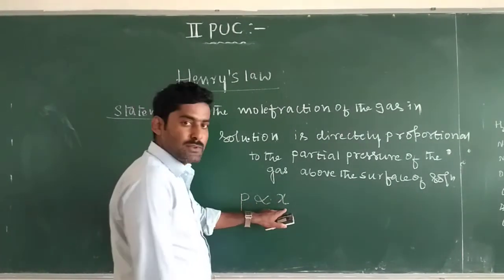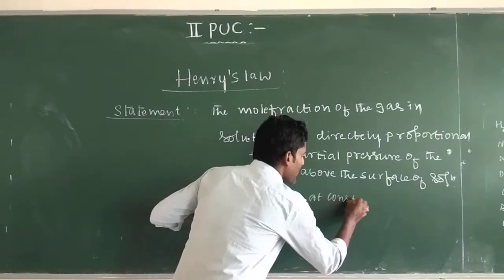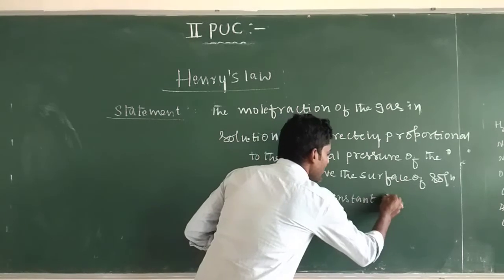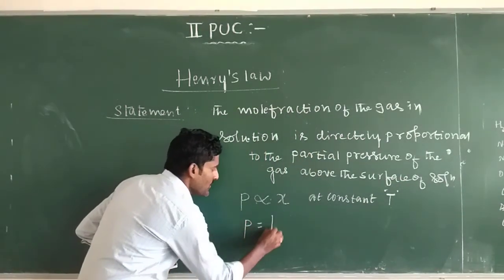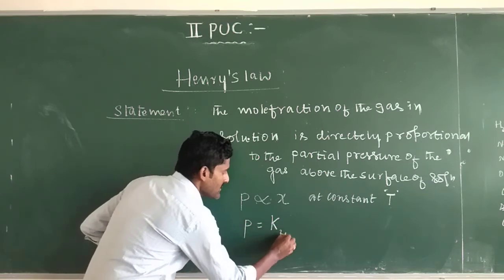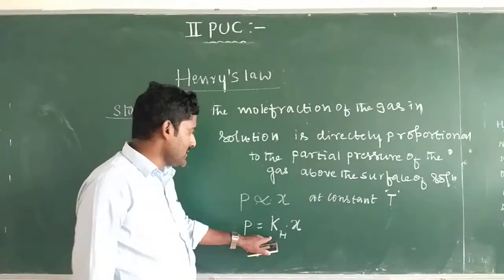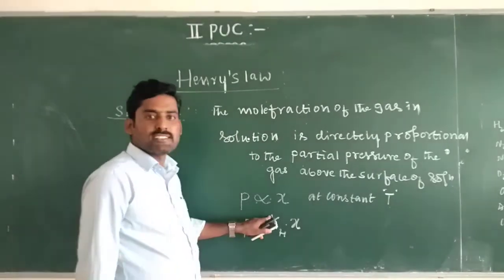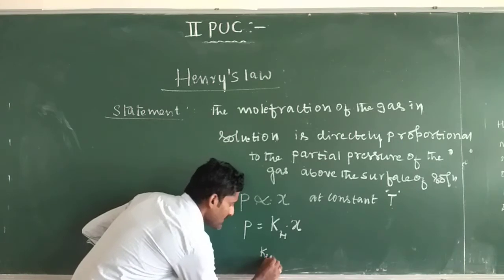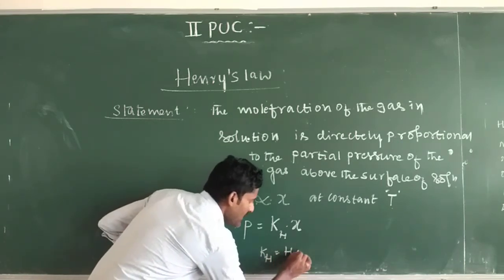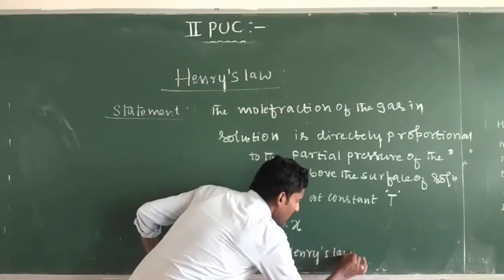P proportional to X at constant temperature, or P is equal to KH into X, where KH is called Henry's law constant.